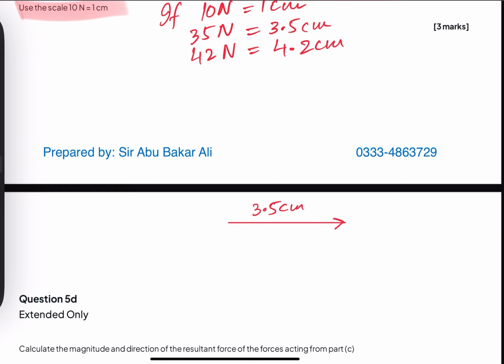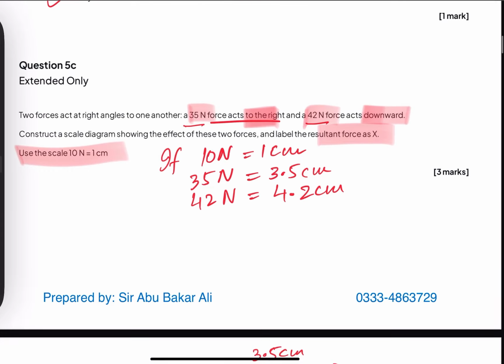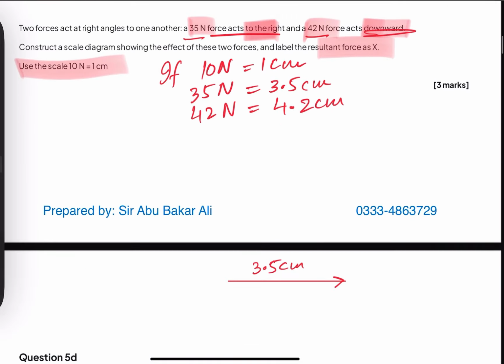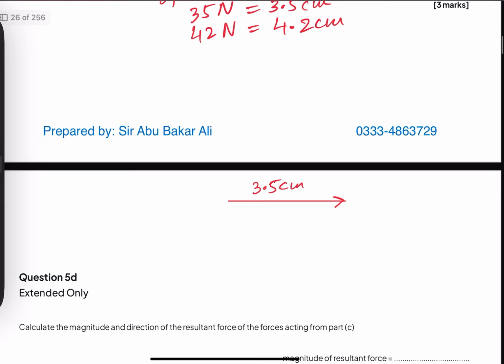You have to measure it with the scale, and 42 is downwards now, so 4.2 should be the length. You have to measure it with the scale, that is 4.2 centimeter. The resultant will be between these two forces. Okay, so it will be somewhere at this point.